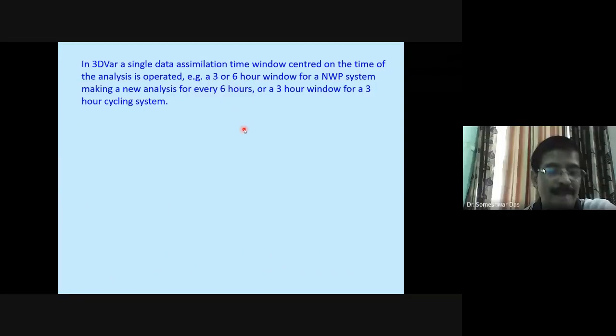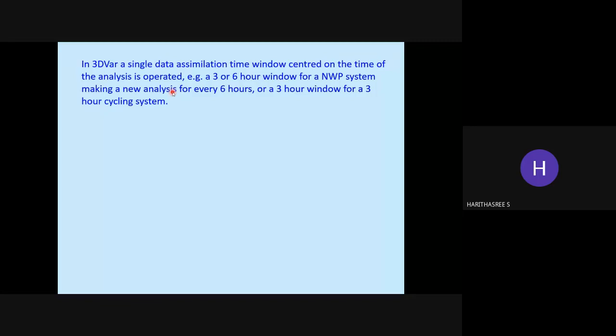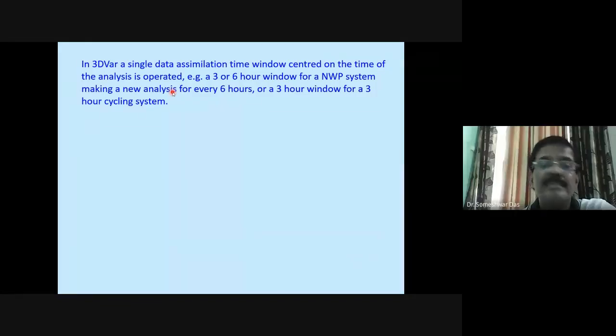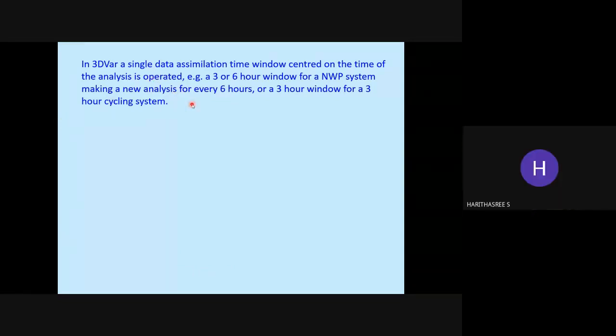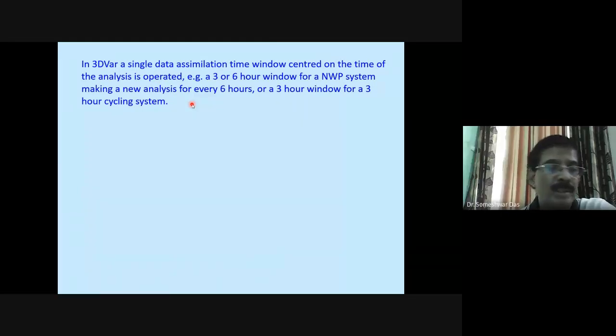Tell me. Somebody is trying to say something. Who is trying to say? Hari, is that you? I'm not able to hear you. Hello? Maybe you have a problem in the audio.